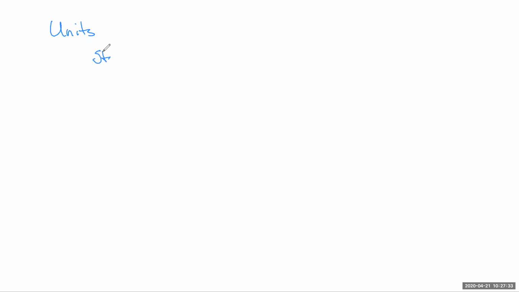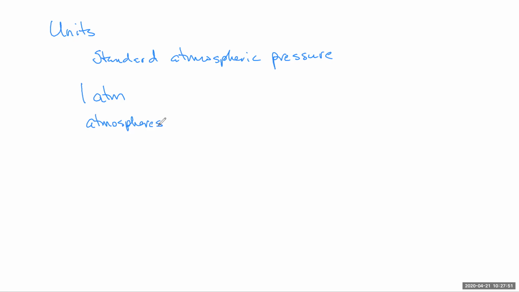At standard atmospheric pressure, that's the pressure exerted due to the air above us, the unit would be 1 ATM, and ATM stands for atmospheres. This is most common in science, not really common in everyday life.